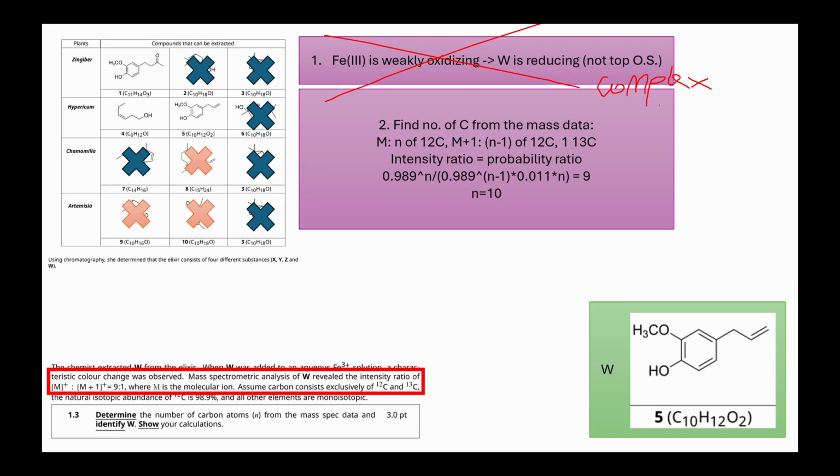So it's a complex formation. Okay, not gonna finish the word. Good enough, I guess. My apologies. It is a complex formation reaction, and it will be purple, and it's good to know this reaction.